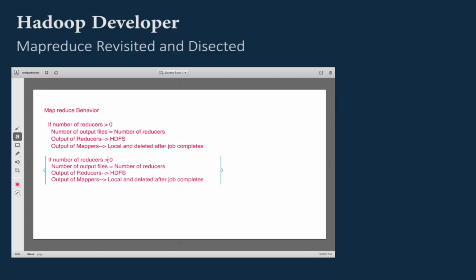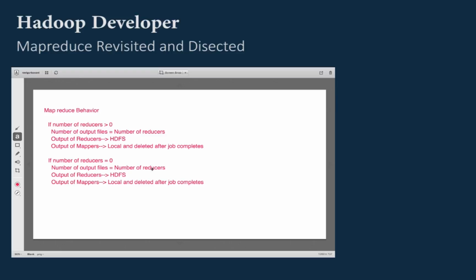If the number of reducers is equal to 0, there could be cases where we don't need a reducer at all. A classical example would be, let's say we have 100 JPEG files or PNG files and we want to convert them to 100 PDFs. We are not consolidating anything, so there could be cases where we don't need a reducer at all. In such cases, we can say that the number of reducers for this particular job is 0.